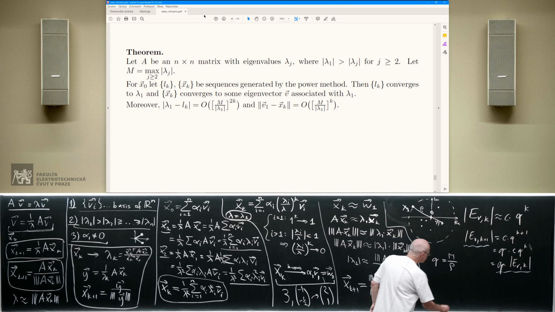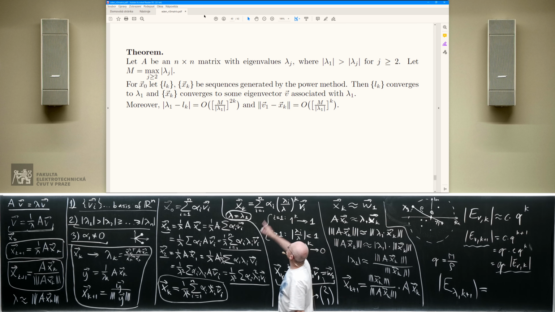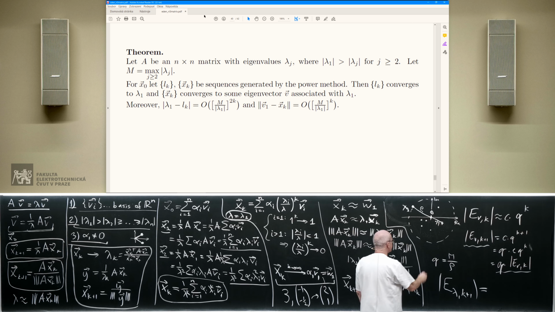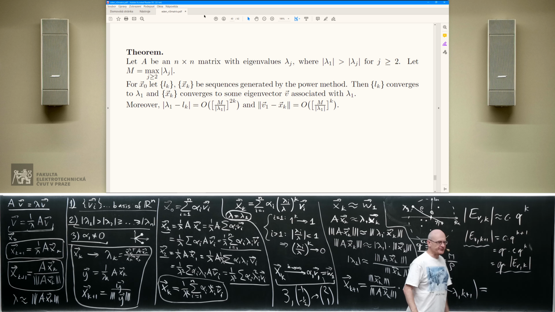Now, when it comes to the error of the lambda estimate, then we look at the formula, and we see that actually the power is 2k. What does it mean? Well, okay, little corner here. Q to 2k is simply q squared all to k. So it's another geometric sequence where the base of it got squared compared to this geometric sequence.